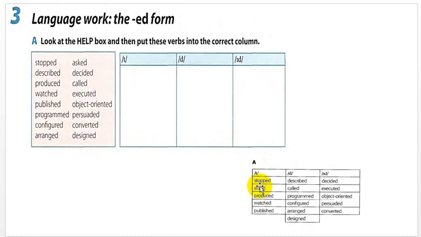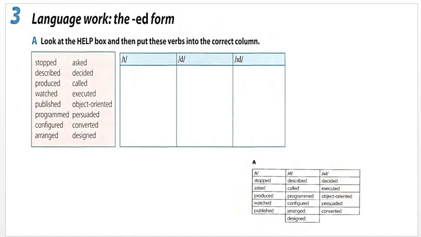And for T we have stop, ask, produce, watch, publish, etc. And for D: described, called, programmed, configured, arranged, design. And for ID: decided, executed, oriented, persuaded, converted.